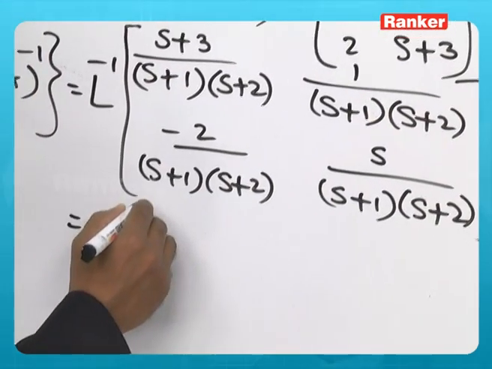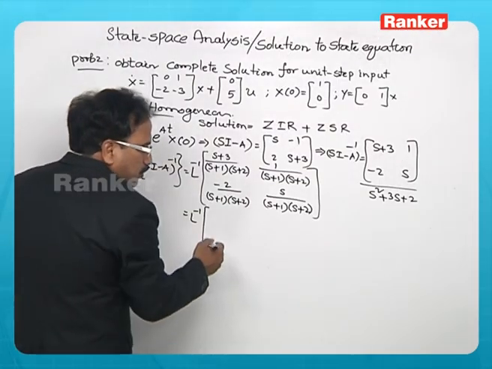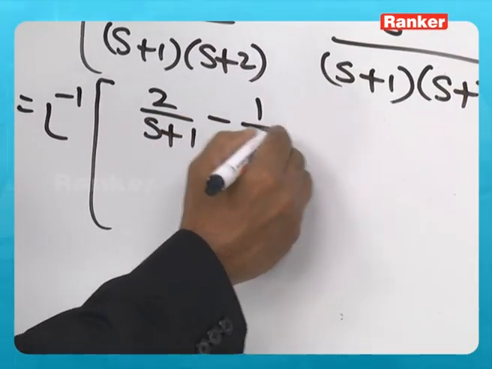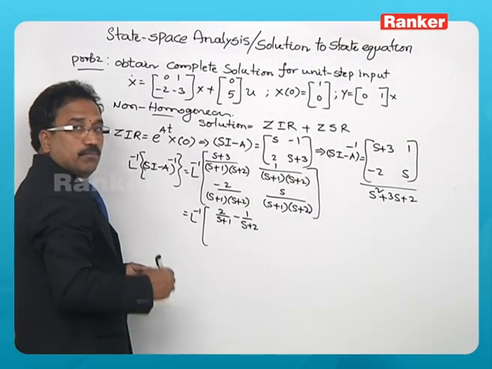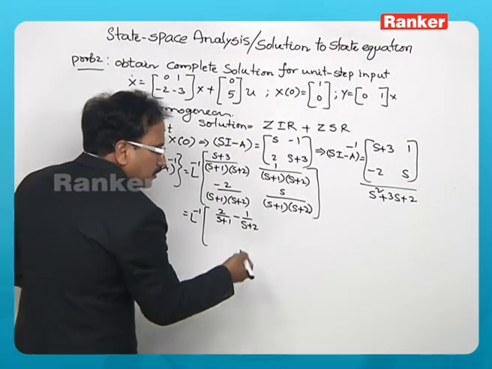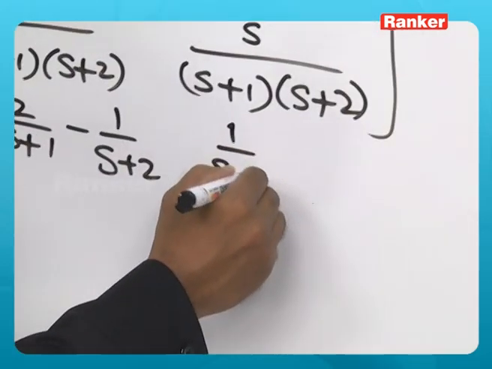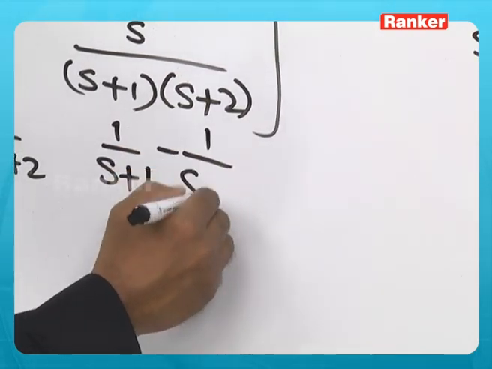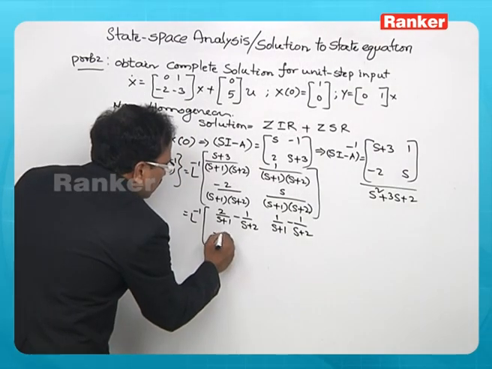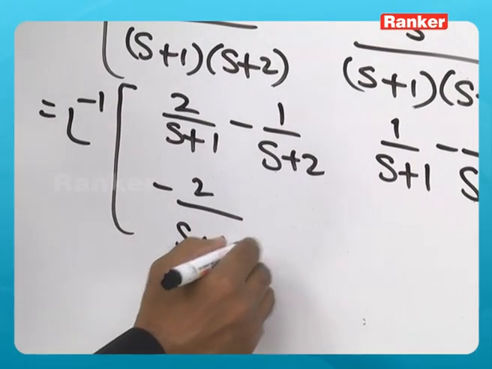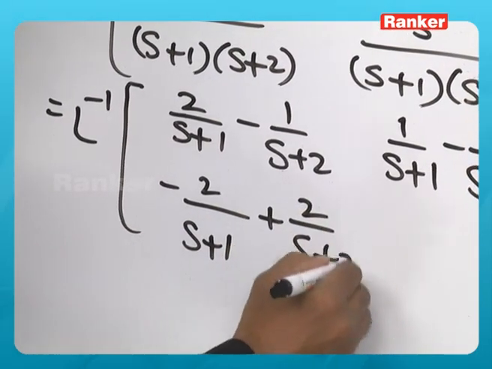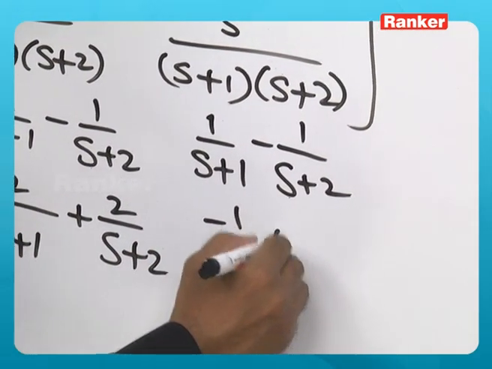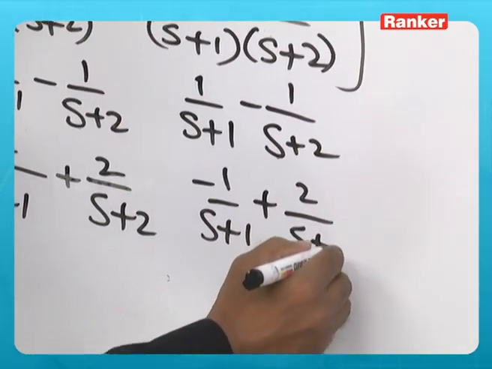So, for the first component of the 2 by 2 matrix, you get 2 by (s plus 1) minus 1 by (s plus 2) when you apply partial fractions, and the second component is 1 by (s plus 1) minus 1 by (s plus 2), and the third one is minus 2 by (s plus 1) plus 2 by (s plus 2), and the last is minus 1 by (s plus 1) plus 2 by (s plus 2).